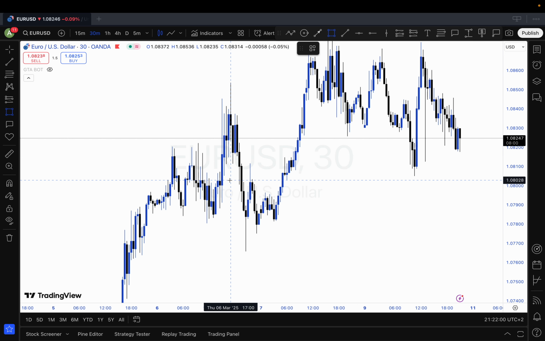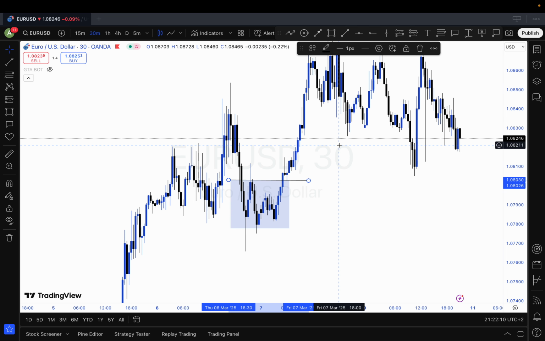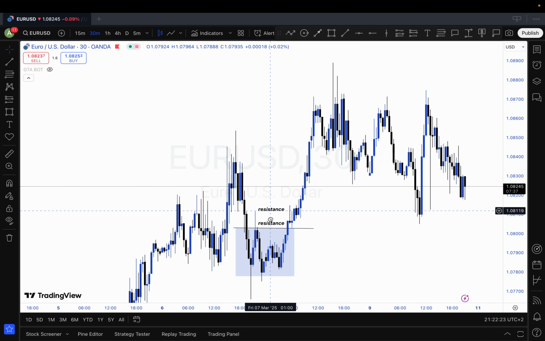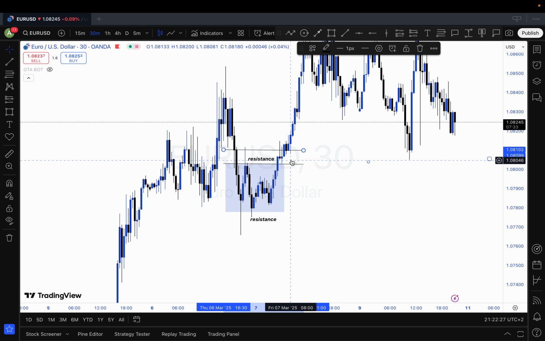I can see this clearly that this is a ranging market, right? And then I can tag this to be my support. Sorry, I can tag it to be my resistance. I can tag this to be my resistance, and then I can tag this to be my support.